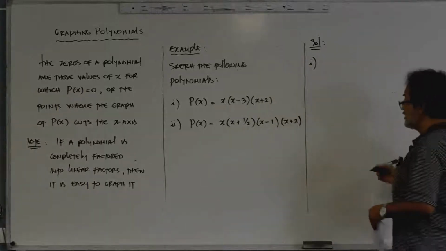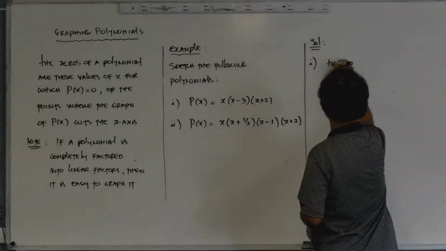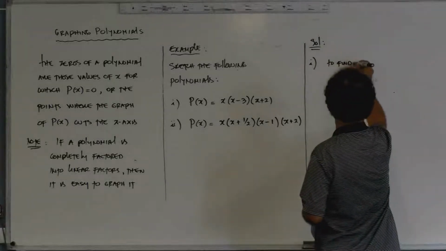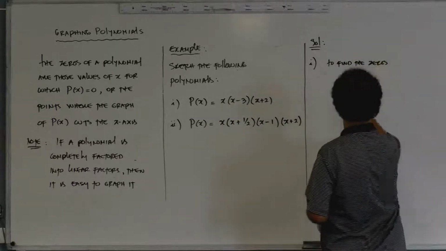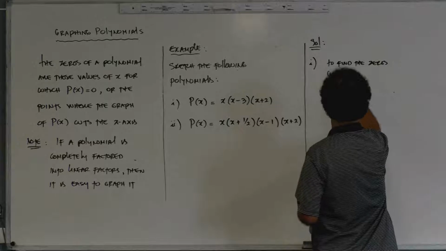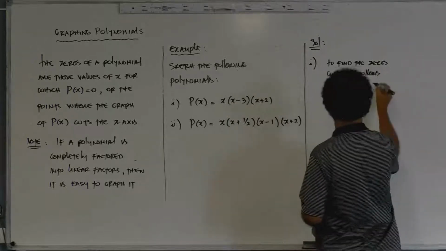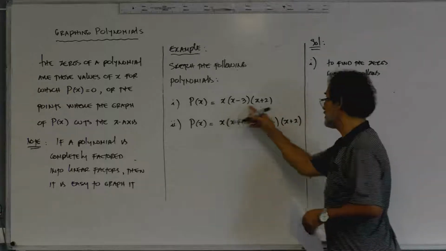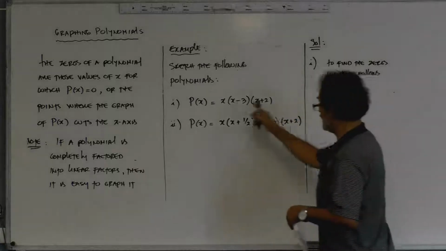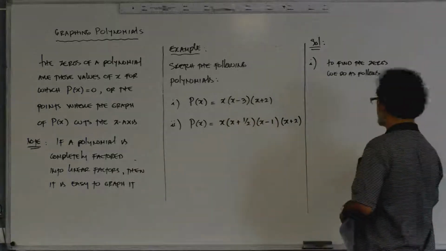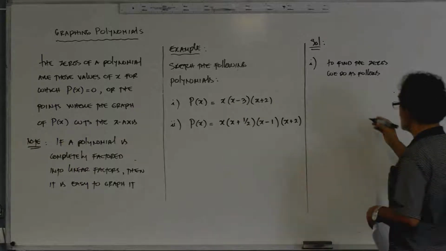But the first thing that you have to do is find the zeros. By the way, you can see that this polynomial is completely factored, so we don't need to do any other factorization. So it's already done. To find the zeros, we do as follows.